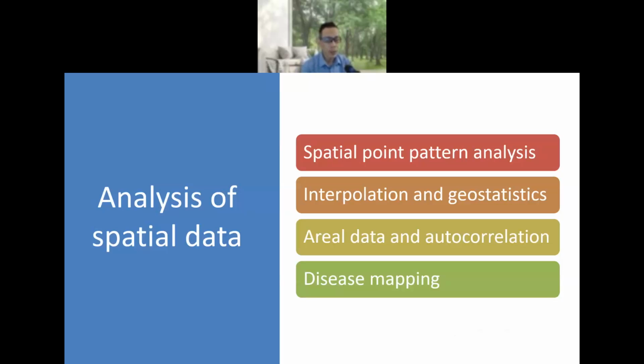You can do aerial data and autocorrelation, and you can do disease mapping. So it depends. It depends. So you can do spatial point pattern analysis. You can analyze interpolation and geostatistics data. You can also analyze autocorrelation, and you can also analyze disease mapping.